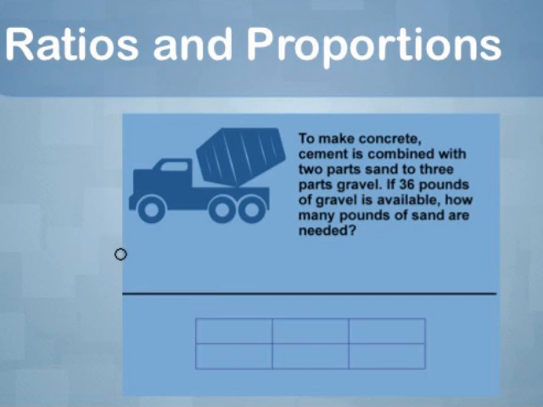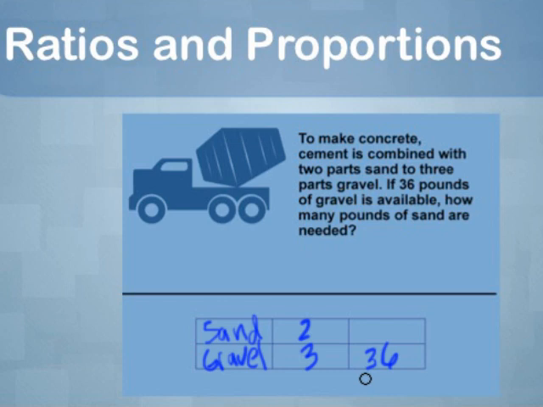In the first column, we write the names of the items: sand here, and gravel here. In the second column, we write the basic ratio of 2:3. In the third column, we know we want 36 for the gravel. Now look at the values of 3 and 36.